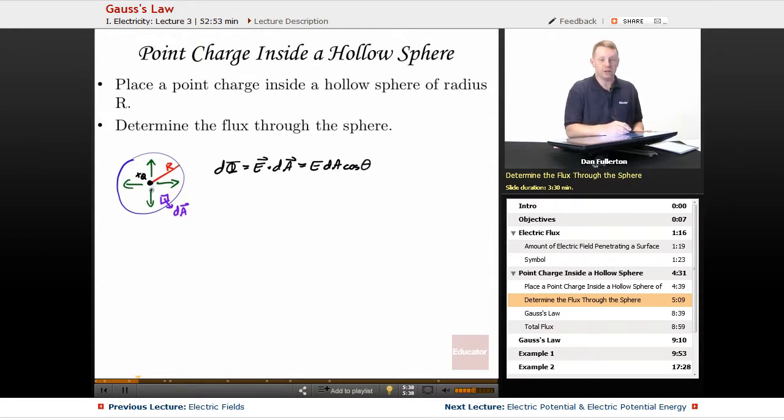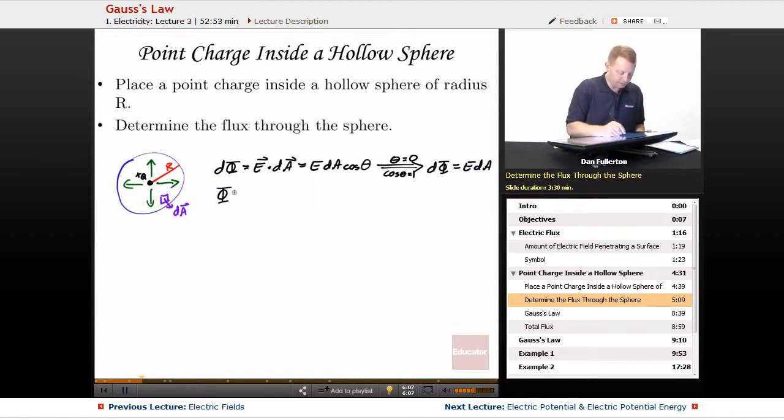But if it's a point charge inside a hollow sphere, anywhere the electric field goes through that sphere, it's going to be perpendicular, uniformly around the entire sphere. So that means that theta, everywhere, the angle between those two, is going to be 0, so cosine of theta is going to be equal to 1. Therefore, the differential of that total flux, that little bit of flux, is going to be just E dA.